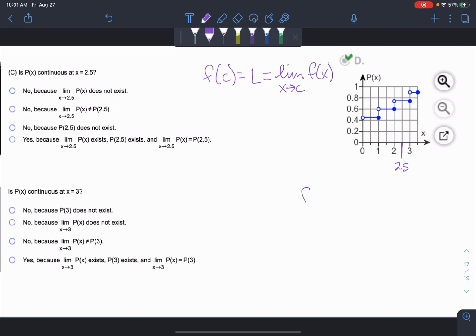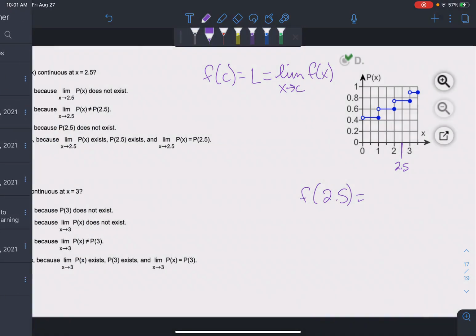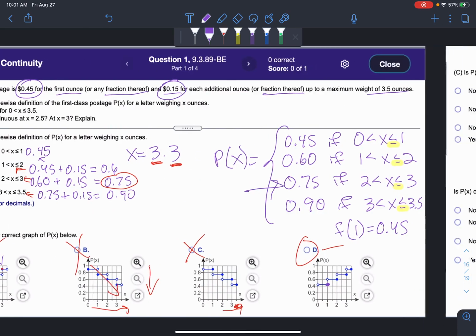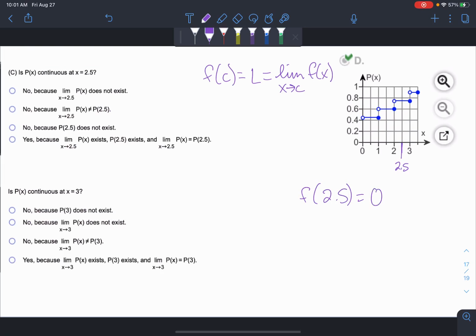So let's see, the f of 2.5, if we look back, 2.5 will give us this case, right? So 0.75. And then if we look up, that's right here. So this is probably 0.75. Okay, and then my limit as x approaches 2.5 from the left.